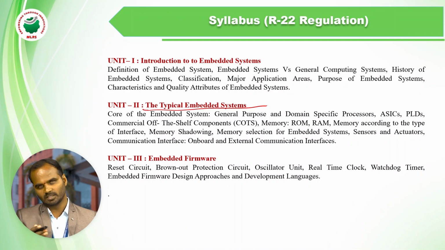Memories, as we said, different types of memories, ROM, RAM, memory architecture, types of interfaces, memory shadowing and memory selection for embedded systems, as well as sensors and actuators, communication interfaces, onboard and external communication interfaces. How we are internally connecting to each other through embedded systems, we are discussing in this typical embedded systems.